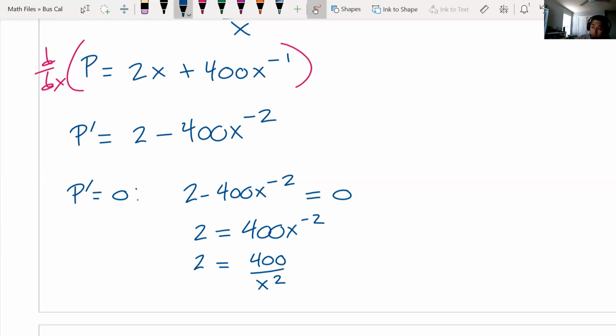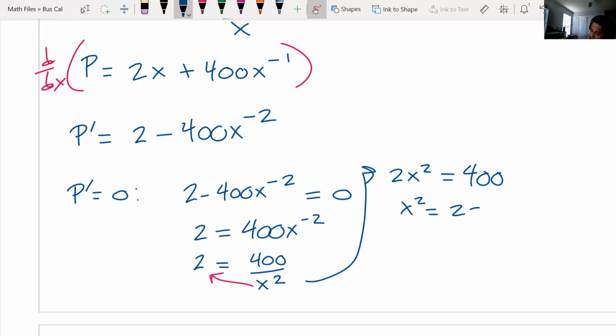And now we're actually solving for x. So I have to take this x squared and multiply it to the left side. So we now have 200x squared equal to 400. If we divide by 2, we'll get x squared equals 200. And now we just square root both sides.